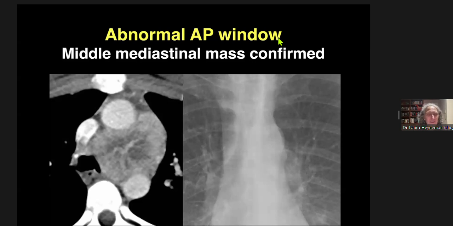Again, the idea here is to pick up an abnormality on the radiograph to then further evaluate on cross-sectional imaging, CT. So the goal here is not necessarily to get the diagnosis as much as to pick up that there's an abnormality that needs further evaluation.